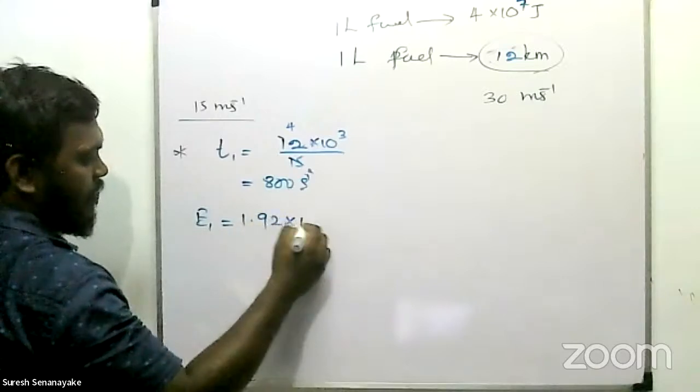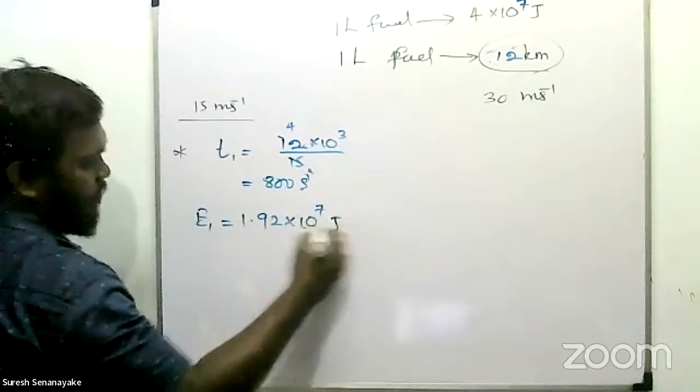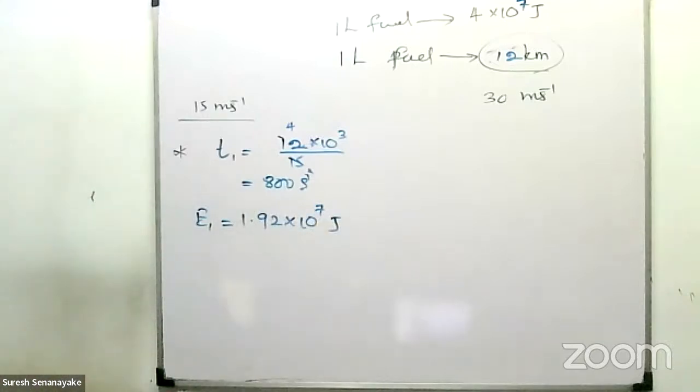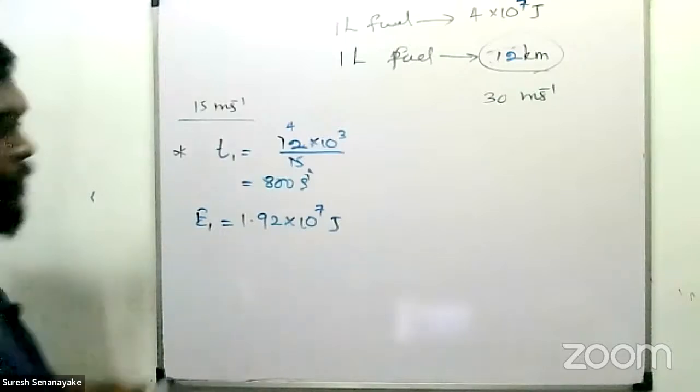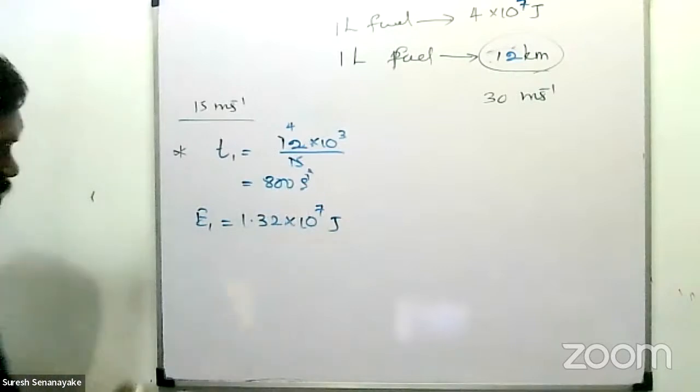So the energy in this case is 1.92. I remember the answer. 10 to the 6 and 10 to the 7 will become, because 16.5 kilowatts is the working power at this 15 meters per second. So it's 1.32, sorry. This is the energy consumed in this case.